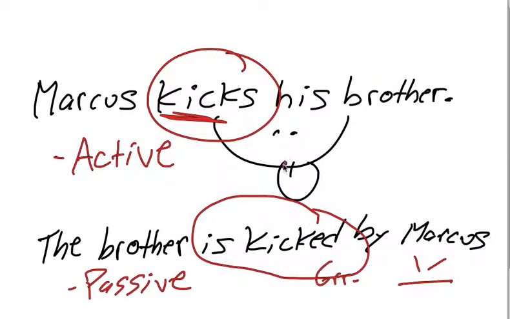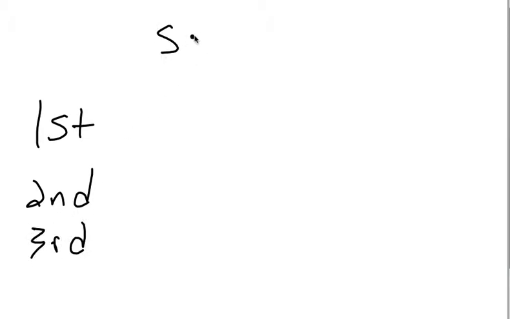Well, what does this mean in Latin? In Latin, in order to conjugate a verb in the passive, you have to use special passive endings. When we first learned about verbs, we learned that verbs have person, like first, second, and third, and of course they have number, singular and plural. And we learned the endings o, s, t, mus, tis, nt.